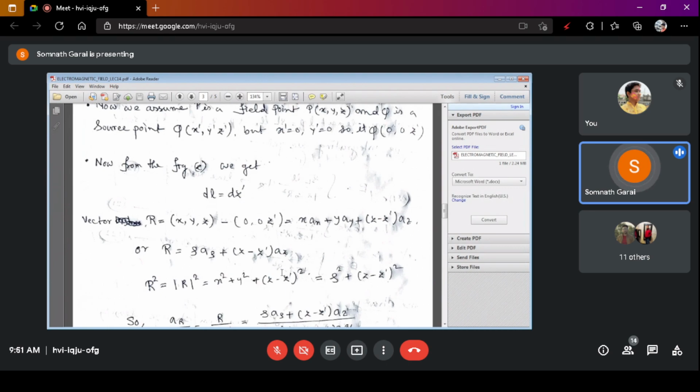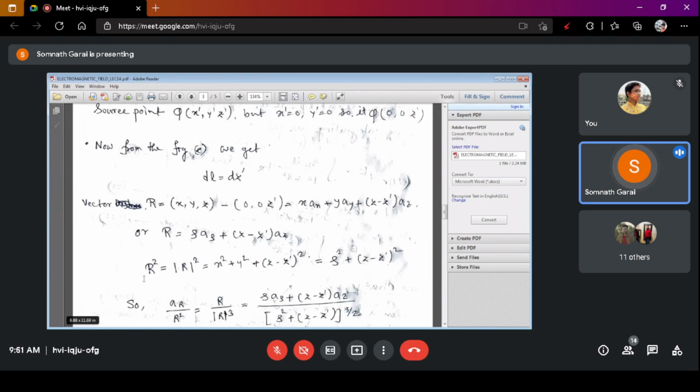Now, if we calculate R square, R square is equal to mod of R whole square. That will be x square plus y square plus z minus z dot whole square from this equation.